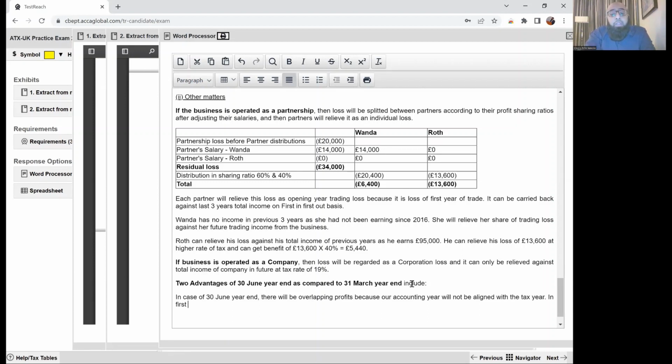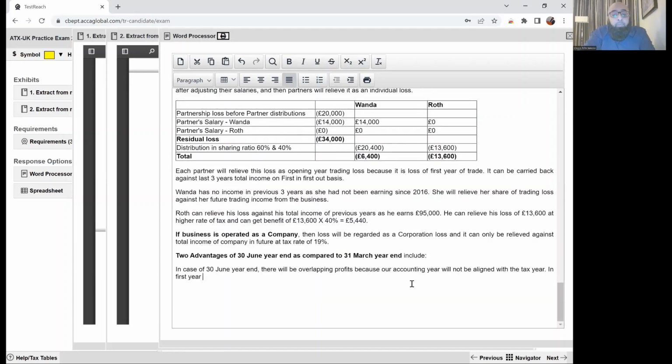In the first year of trade, normally profits are low. So getting them taxed twice through overlapping profits helps the business delay its tax on high profits of next years.